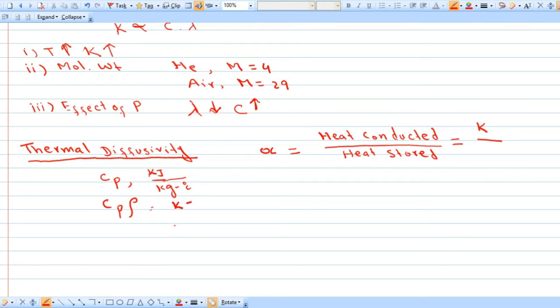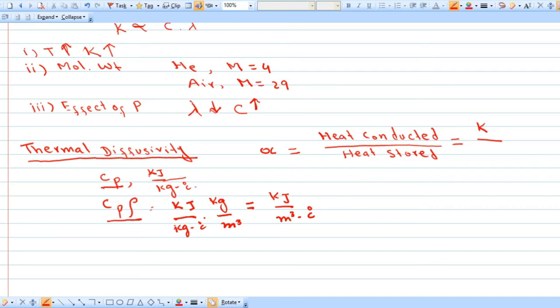The unit of heat stored will be kilojoule per kg per degree C into kg per cubic meter, that is kilojoule per cubic meter per degree C. This is heat stored per unit volume per degree C rise in temperature, and Cp is heat stored per unit mass per unit rise in temperature.